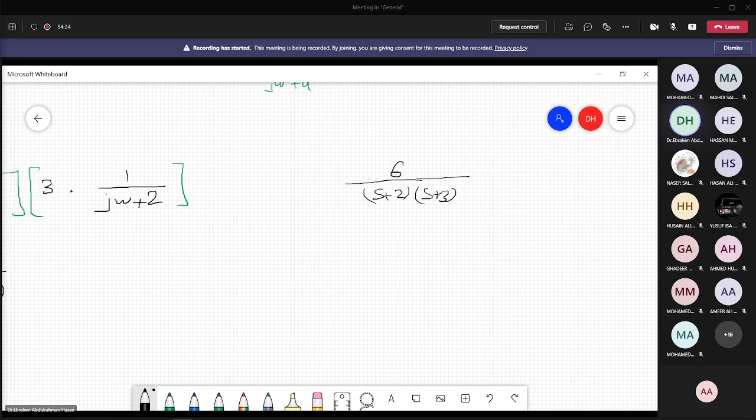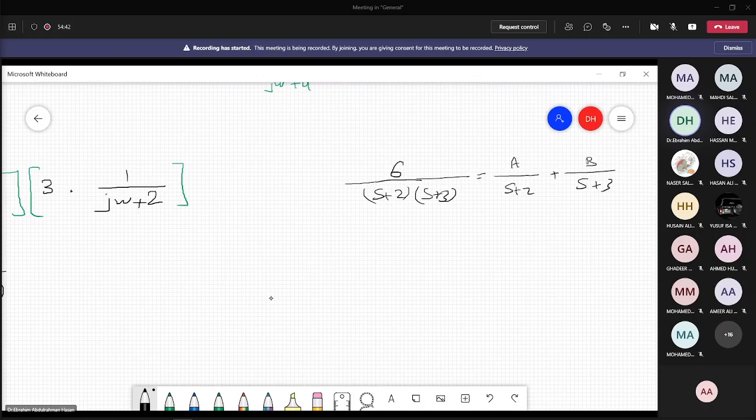Partial fraction means that it is equal to A over s plus 2 plus B over s plus 3. So we need to find what A and B are. So how do we find them?